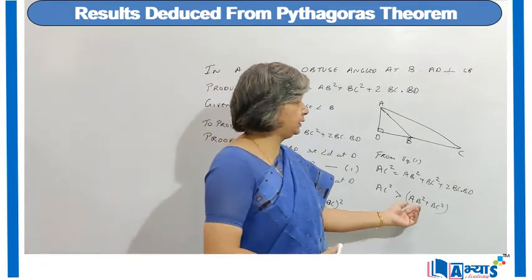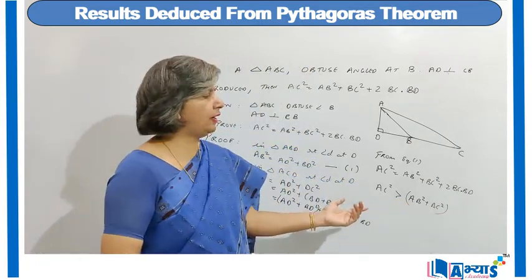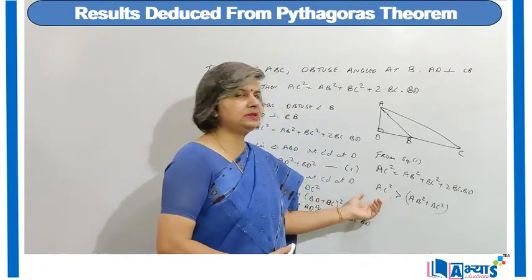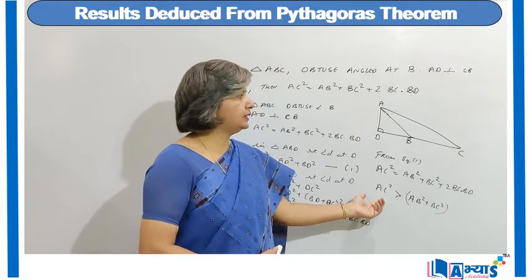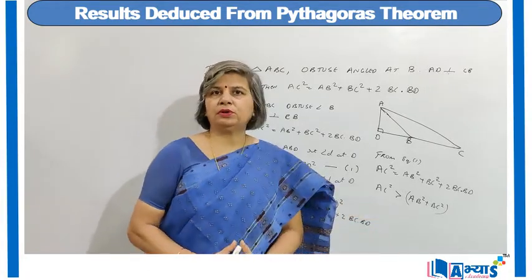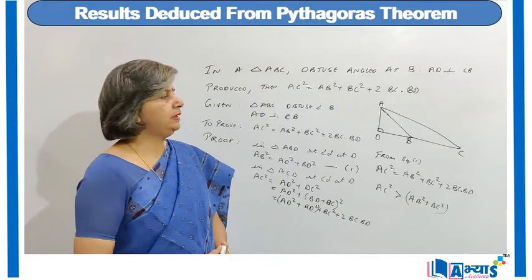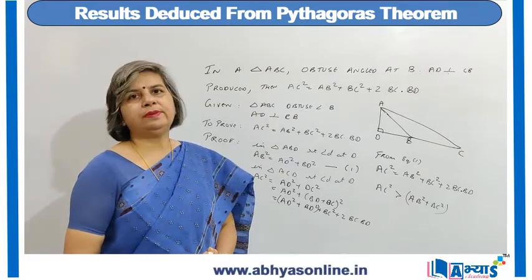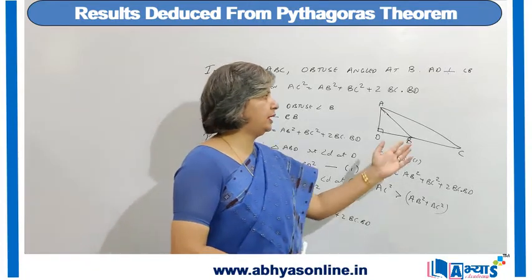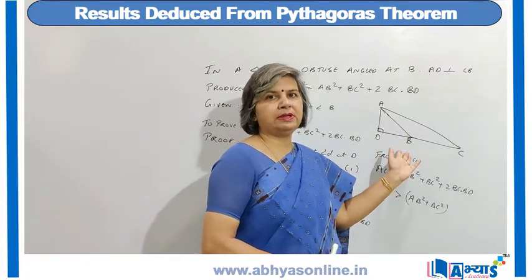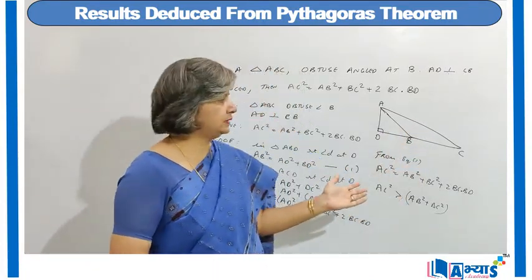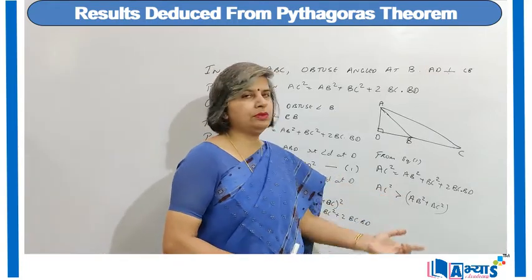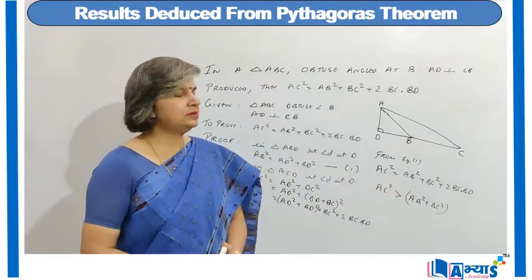That means if we square the two sides and add them, this value is less than the square of the longest side, that is AC square. Because B is an obtuse angle, B is the greatest angle, so AC, the side opposite to it, will be the longest side. So we can say that AC square is greater than AB square plus BC square.